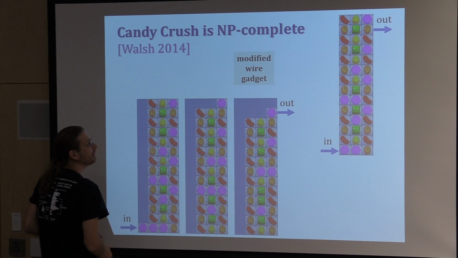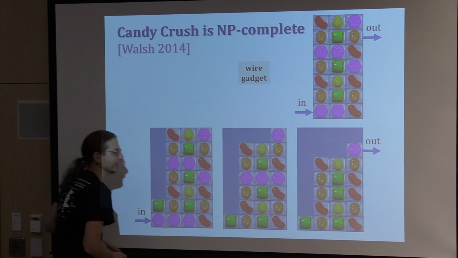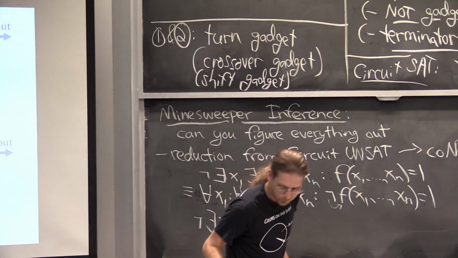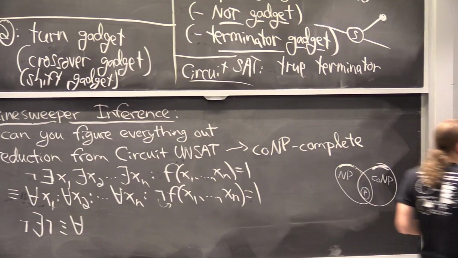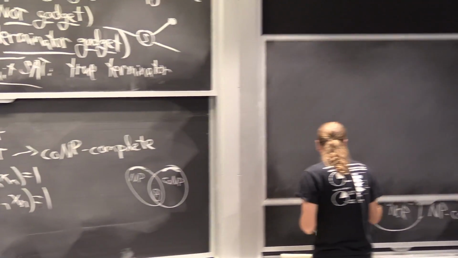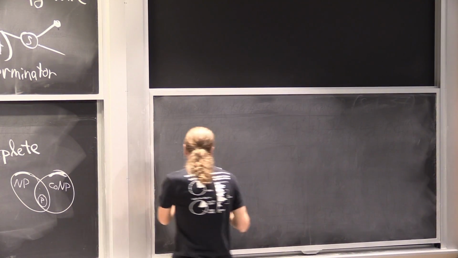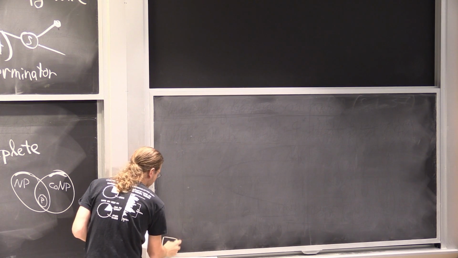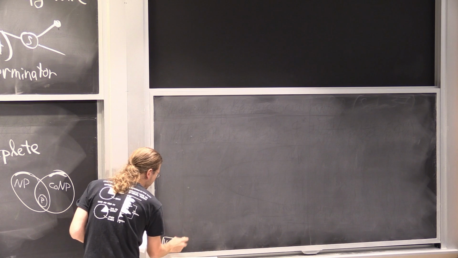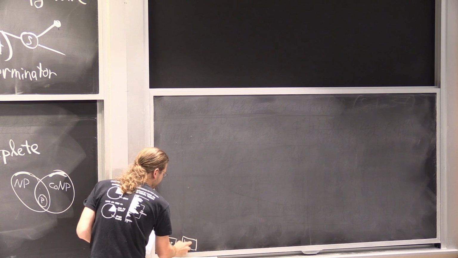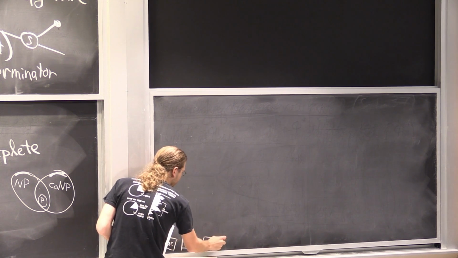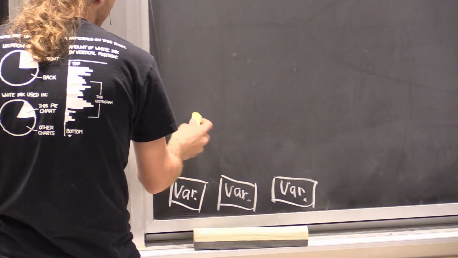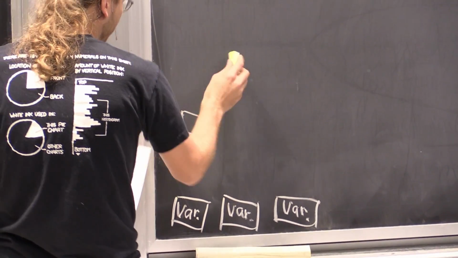Let me give you one more gadget, then I'll tell you how, no, actually, I think at this point I should tell you how things fit together, which is this picture. Okay, so we have variables down here in the lower left. Then let's worry about one thing at a time.